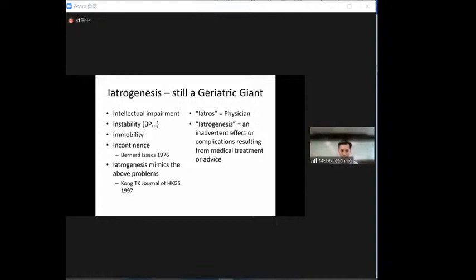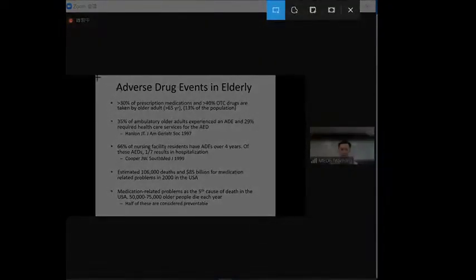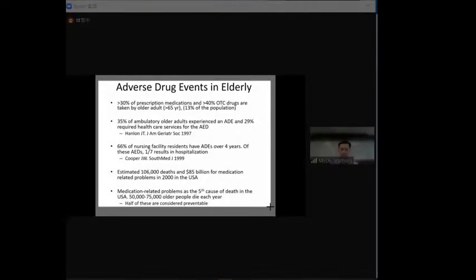So patients may present with falls, postural hypotension, dizziness, delirium, and urinary incontinence because of the medications. So iatrogenesis means an inadvertent effect of complications resulting from medication treatment or advice. And we know that adverse drug events are quite common in the elderly, all right?